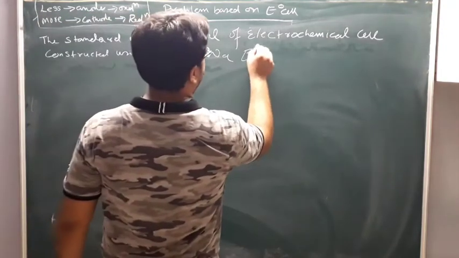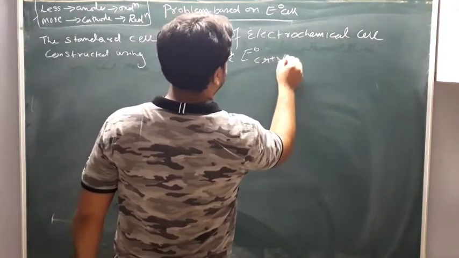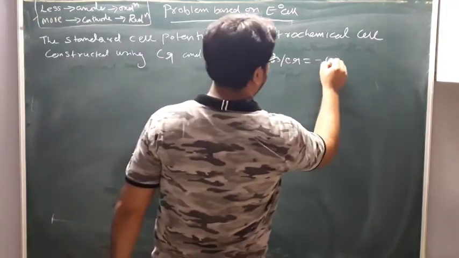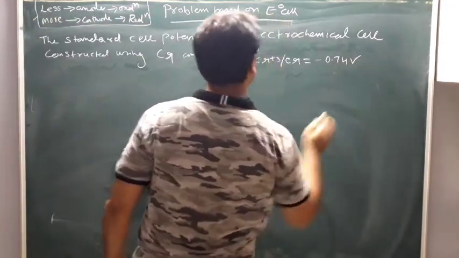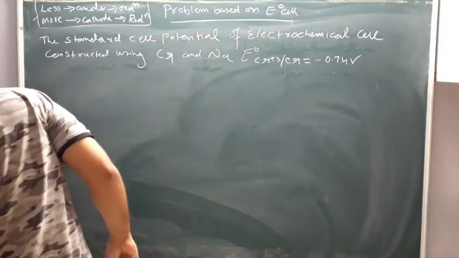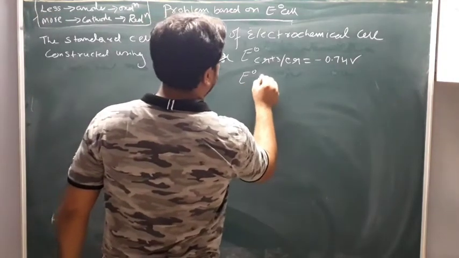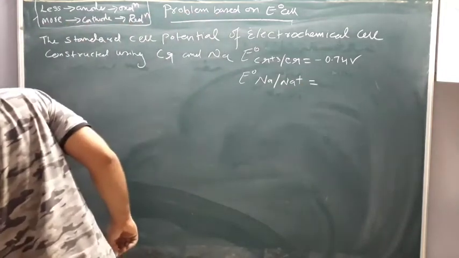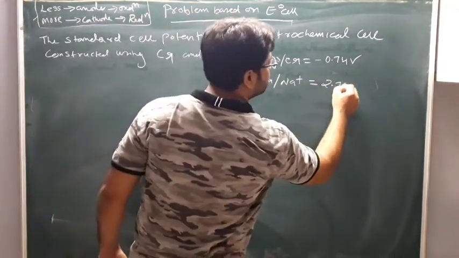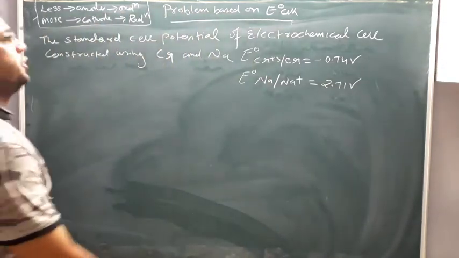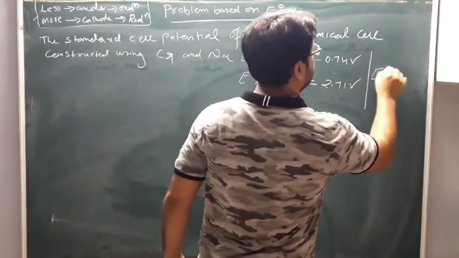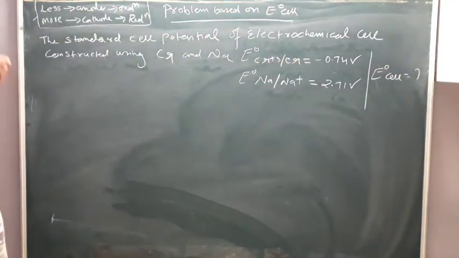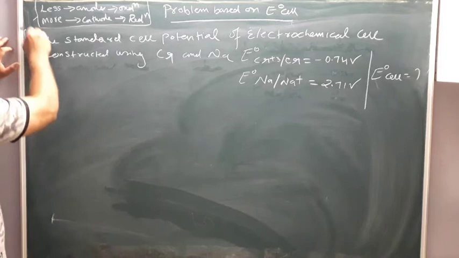E0 for chromium, they have given Cr3+/Cr equal to minus 0.74 volt, and E0 Na/Na+ they have given 2.71 volt. Clear? And they ask you to calculate E naught cell for the reaction. Clear? I guess question number 4.